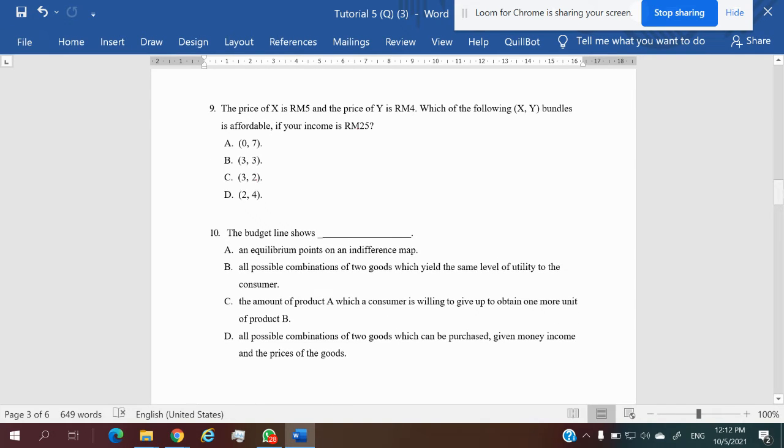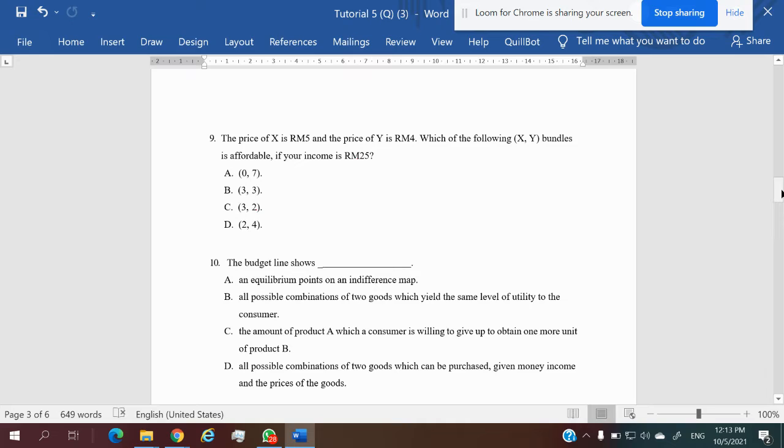Okay, now we are trying to look at the budget line and the combination of goods that we can consume using our income level. For number 9, the price of X is 5 ringgit. So PX is 5 ringgit and PY is 4 ringgit. Which of the following X and Y bundles is affordable if the income is 25 ringgit?